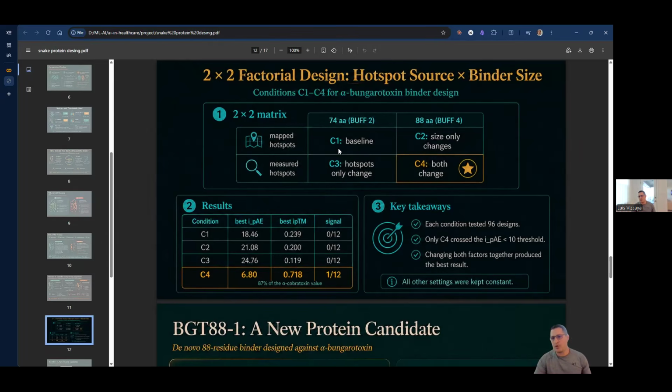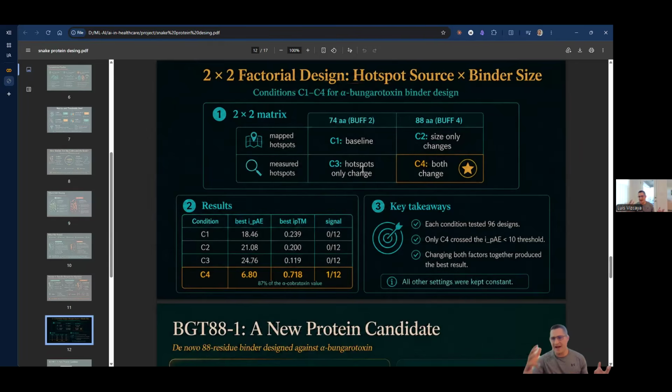Then I increased the size of the protein to make it more likely to attach to the toxin, but it didn't work. Then I looked at the real bungarotoxin, where it attached and how it attached to another cell, and I created a protein for attaching to that hotspot, and it didn't work.